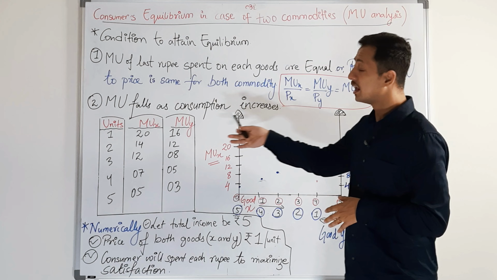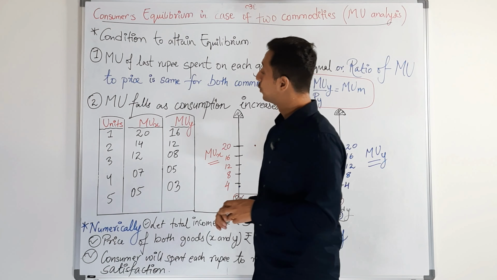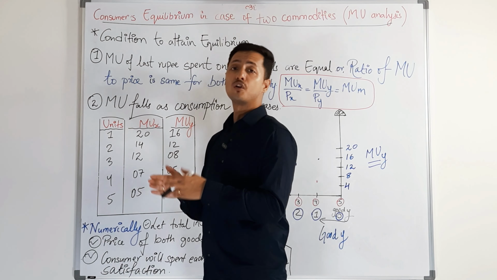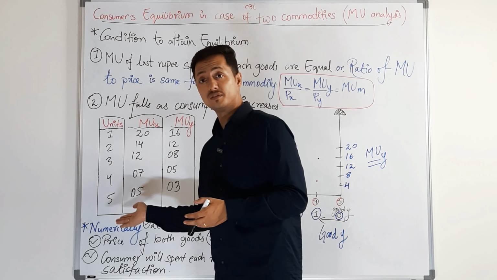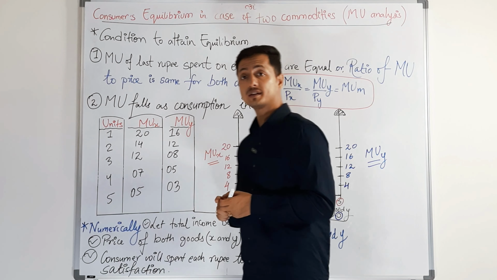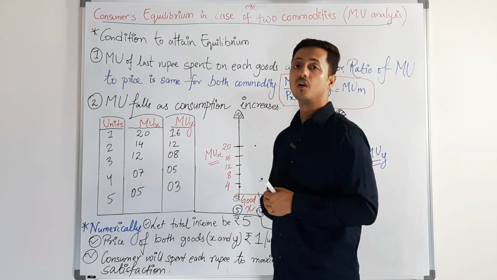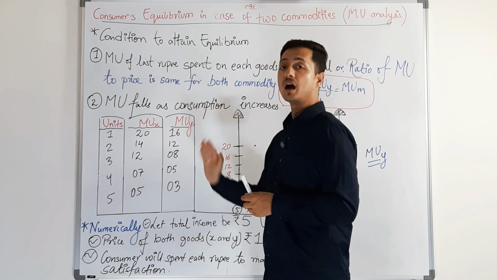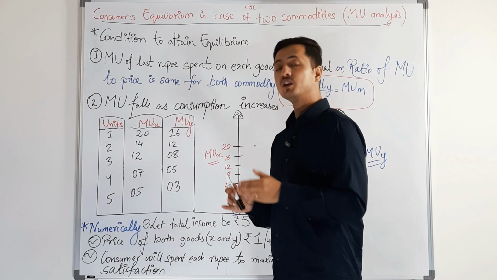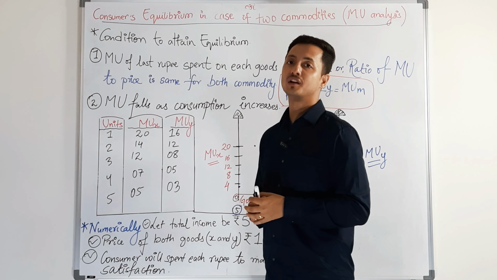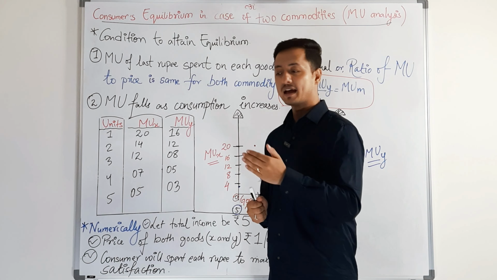Now let us take the help of a schedule here. We have units of commodity 1 to 5, marginal utility of X and marginal utility of Y. X and Y are the two goods. As we know from the law of diminishing marginal utility, as we consume more and more of a commodity, the utility will keep on diminishing. The same law applies here.